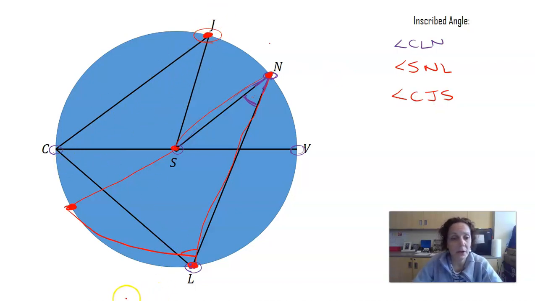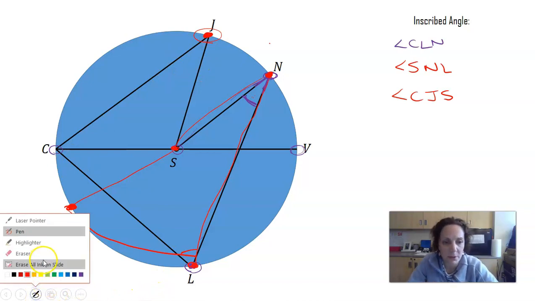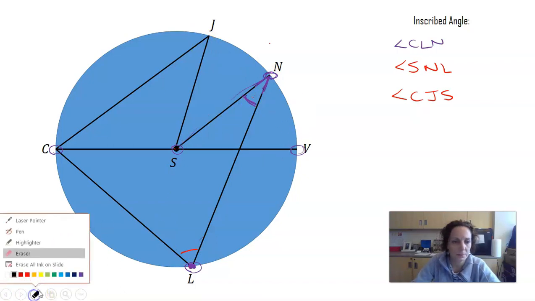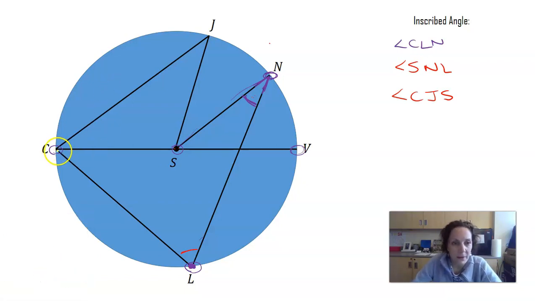Okay, now over here at C, I'm going to clean up my diagram a little bit. We have more than one inscribed angle over here at C. All right, so let's take a look here. If I look at this angle right here, that's an inscribed angle. It goes from J to C to S. So angle JCS.